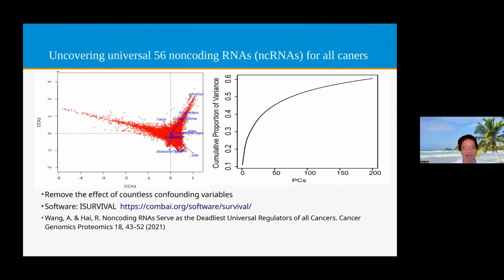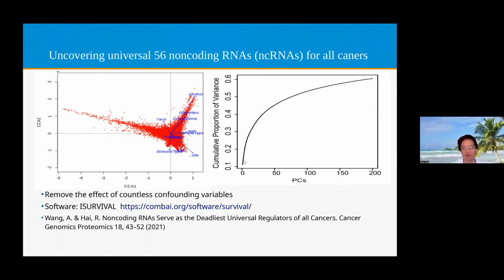In this case, I used principal component analysis to check how many principal components contribute to the variance. Most people think principal components 1, 2, 3 are enough to account for the variance.